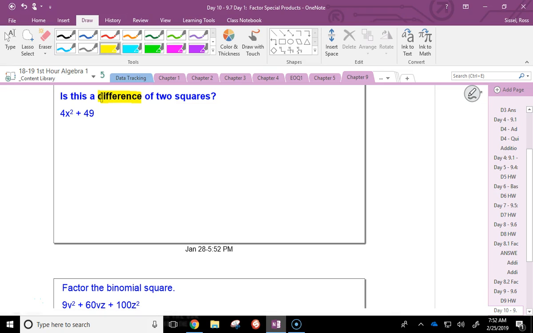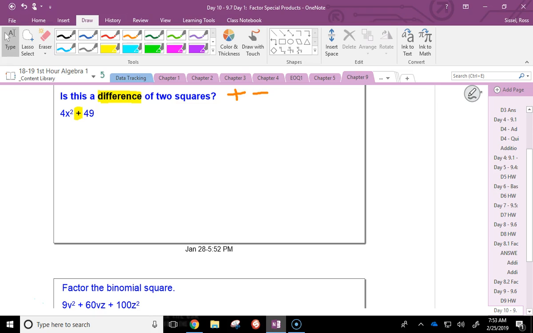Say that nice and loud. So, since it's a negative times a positive, it has to be negative. Yeah, this one's really easy. If it's a difference, that means I'm going to have a positive and a negative. When I multiply those, this term has to be negative. A positive times a negative is a negative. If this is a positive, it would be no.